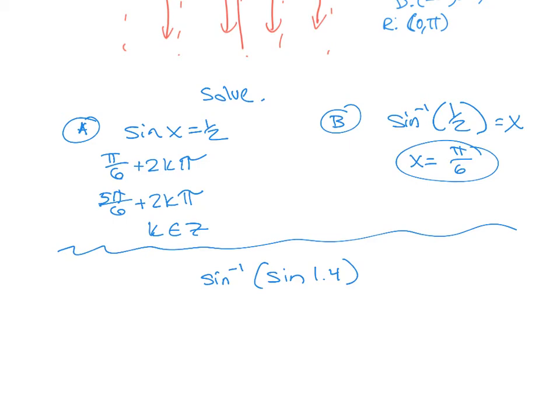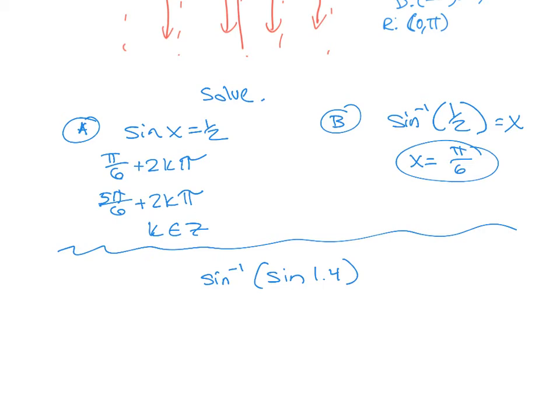Notice the inner function is regular sine. So that means 1.4 is an angle. It doesn't have a degree sign, so it must be in radians. And the outer function is inverse sine. Thus, the answer is going to be an angle.